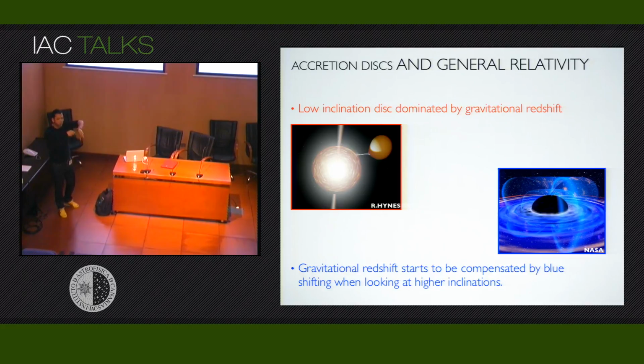It's affected by the fact that the photons that are very close to the black hole see the time interval shorter than we do. At high inclination, when we see the disk like this, of course, gravitational redshift is also present. But I'm going to show you now that we also have blue shifting effects that compensate this redshift due to the gravitational potential.